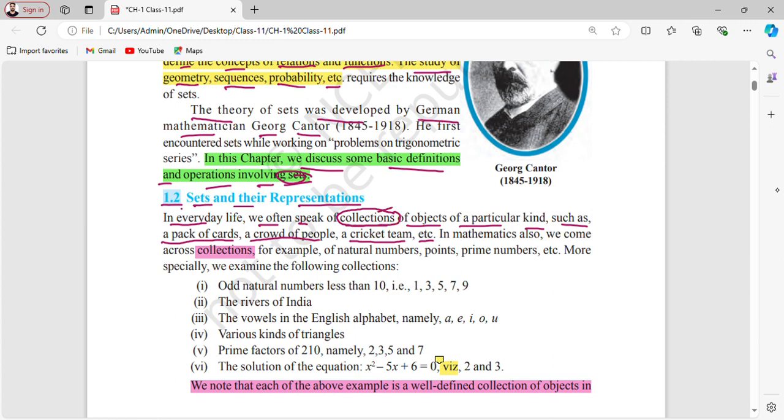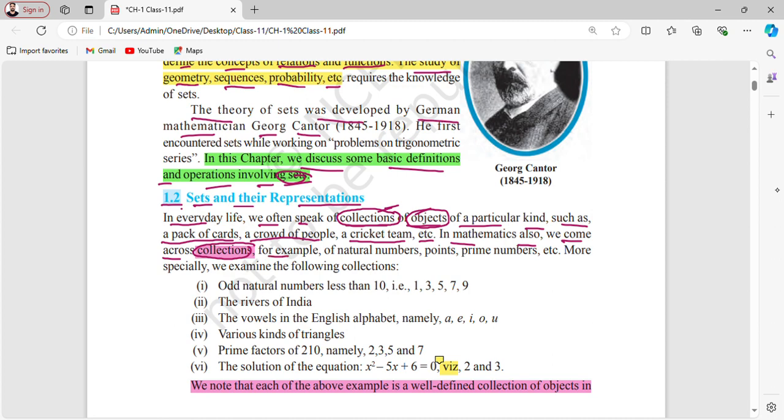Collections of objects we often call a set, but according to the rules and regulations of set theory. In mathematics also we come across collections.